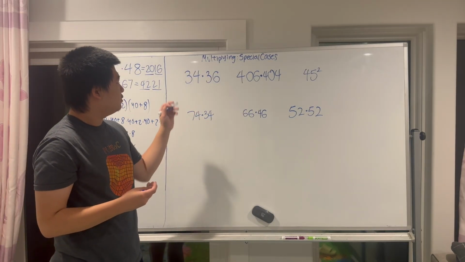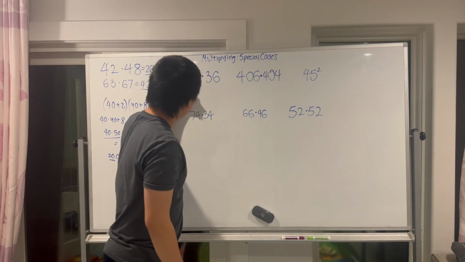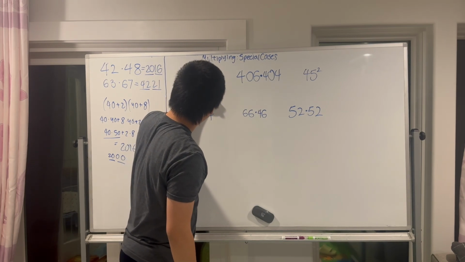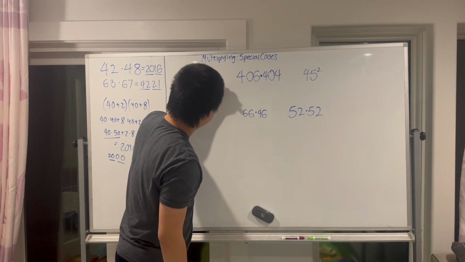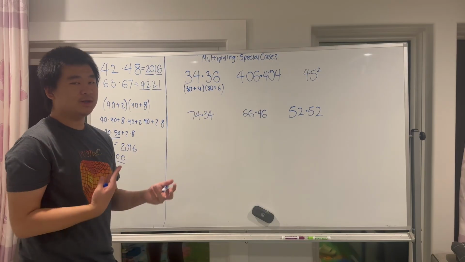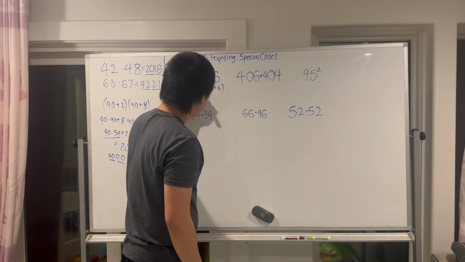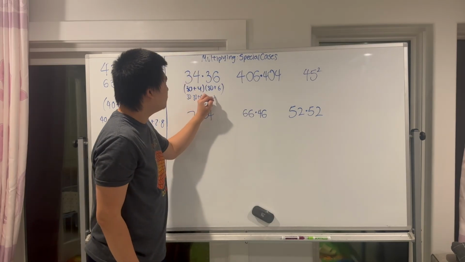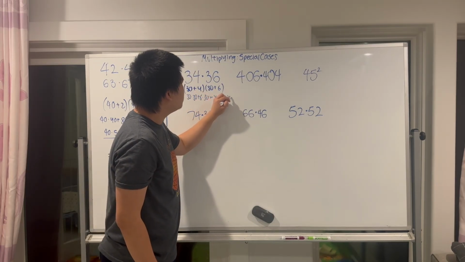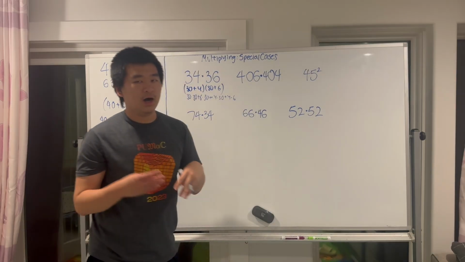So I'm going to FOIL it out once more, just so everyone can see what's happening. If you don't need it, that's awesome, but just in case. So when we FOIL this out, we're going to get 30 times 30 plus 6 times 30 plus 4 times 30 plus 4 times 6. And so how many 30s do we have?